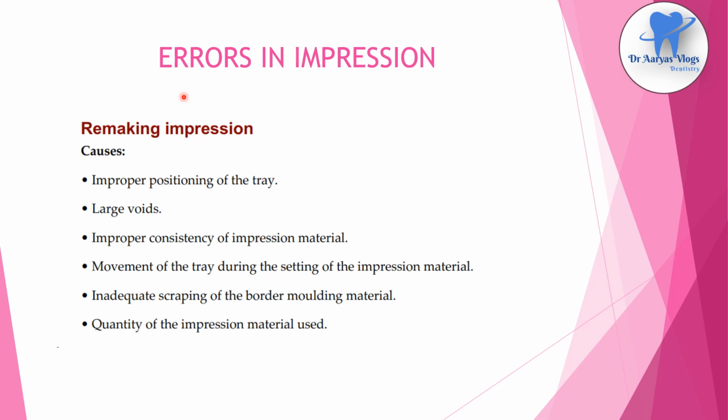And other reasons are large voids, improper consistency of the impression material, movement of the tray during the setting of the impression material, inadequate scraping of the border molding material, and the quantity of the impression material, that is using too much or too little impression material.